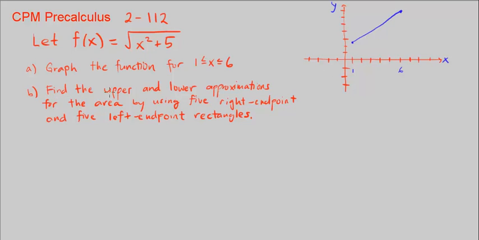So Part B says to find the upper and lower approximations for the area by using 5 right endpoint and 5 left endpoint rectangles. So we know we can quickly go from left endpoint to right endpoint, or the other way, just by looking at the indices, right?